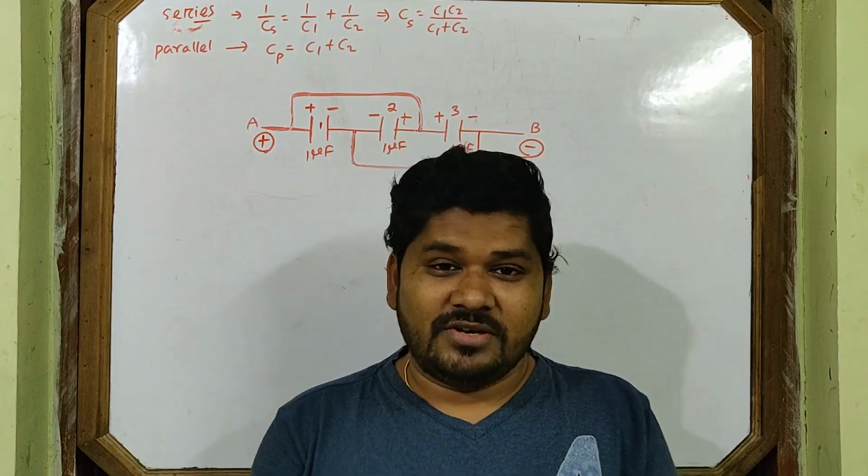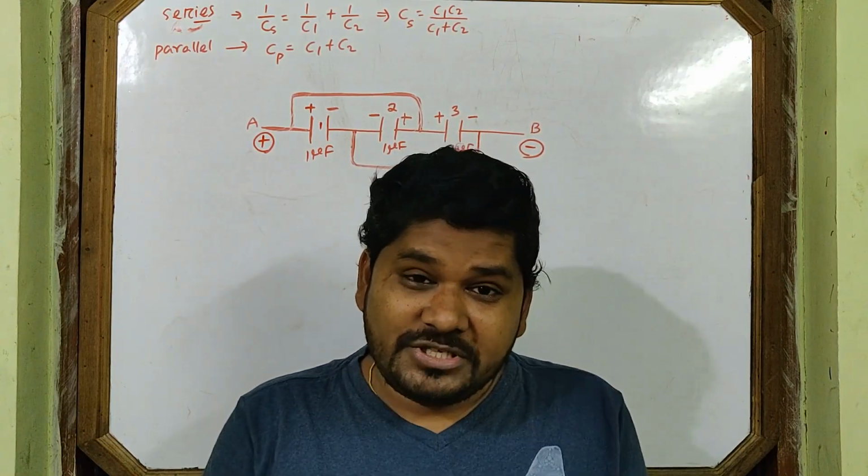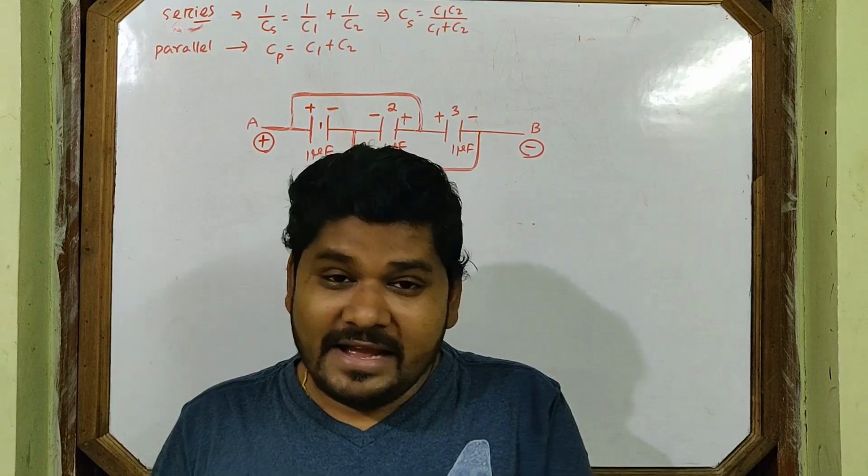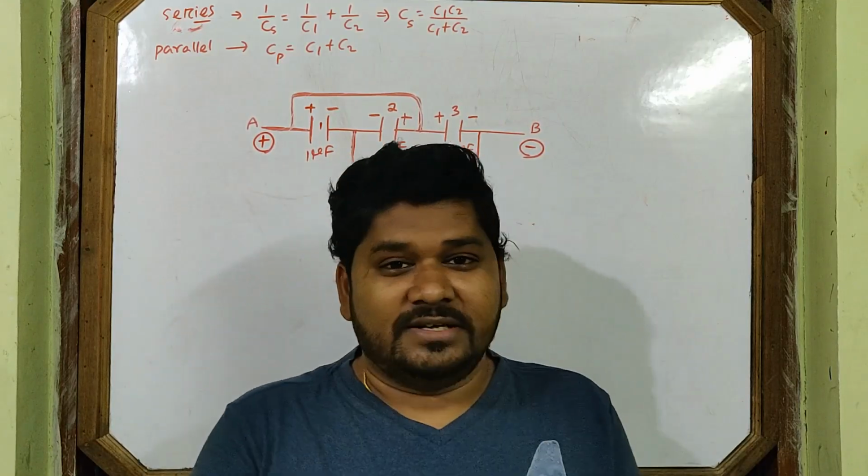So that means all capacitors' positive plates are connected to A, and negative plates are connected to B.